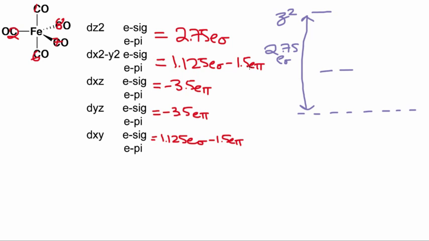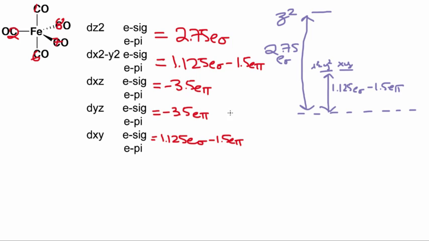And so even if this was a situation where e sigma was only 2 times greater than e pi, we would still have a much greater contribution from the sigma in the energy change than the e pi. And so what we're going to do is just draw these two to be above. And so one of these is the x squared minus y squared, and the other one is the xy. And so this energy change right here is going to be 1.125 e sigma minus 1.5 e pi.